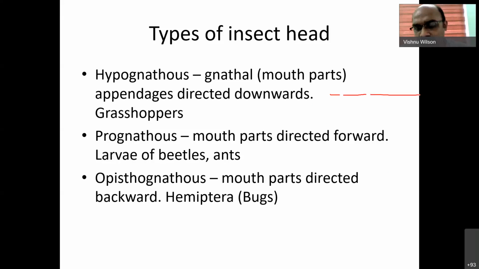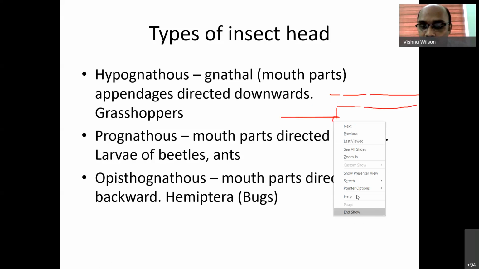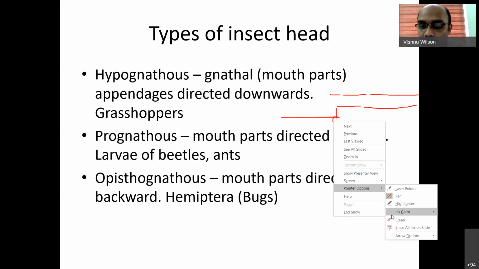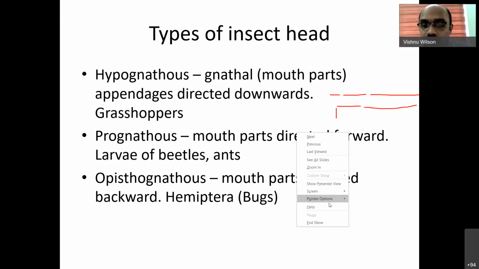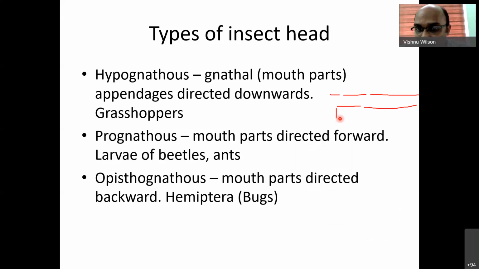In a hypognathous head, the head will be directed downwards. The mouthparts will remain in this area at the tip of the head, so the mouthparts will be directed downwards.